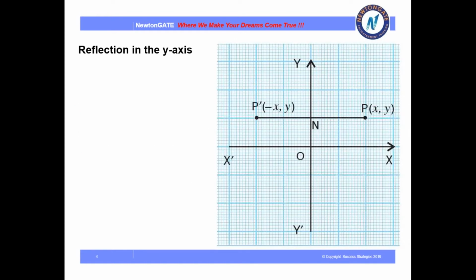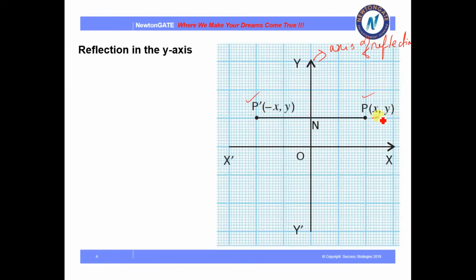Next, what happens if reflection is in the y-axis? If a point is reflected in the y-axis, the y-axis becomes our axis of reflection. We are reflecting P and the image is P dash. So what happens here?